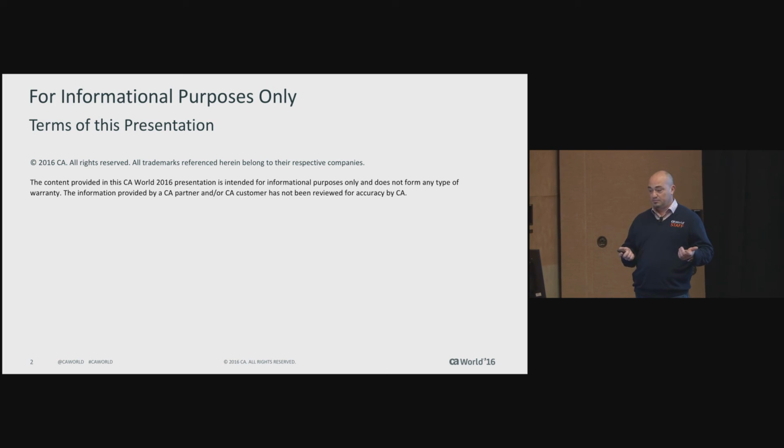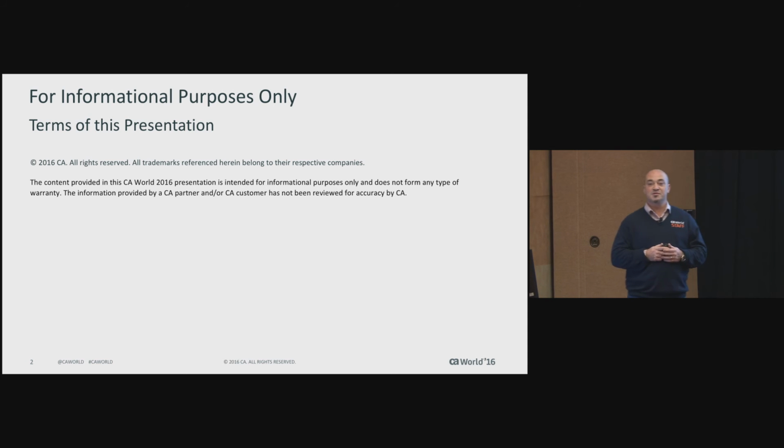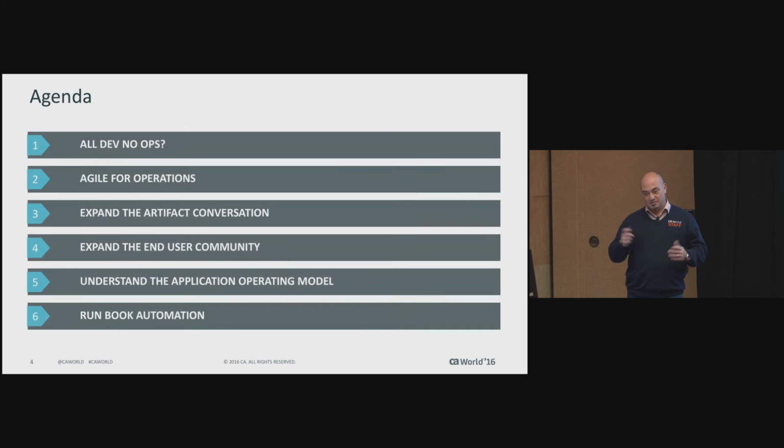So this is for information purposes only, and I'm going to move on quickly. We're going to talk about some of the representations of DevOps and continuous delivery by many software companies, how we're approaching it, and how some have argued for a more agile approach for operations.